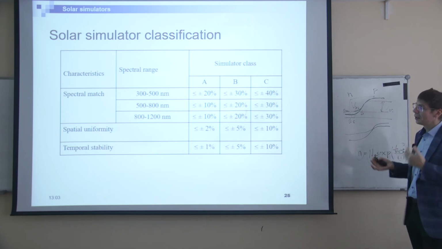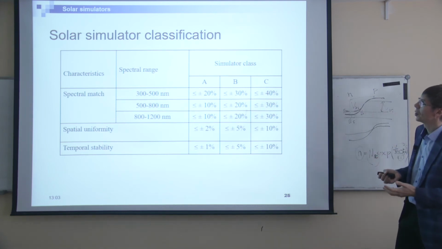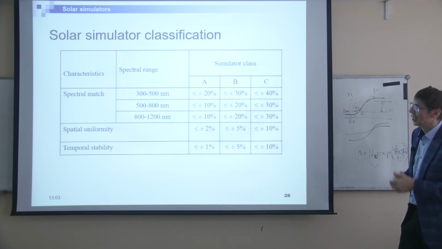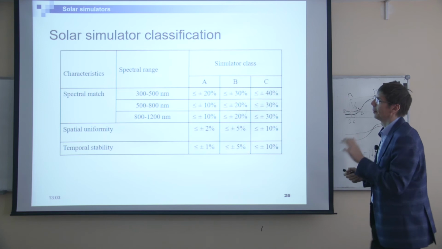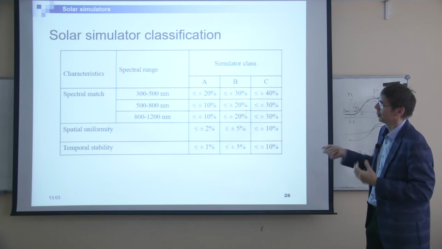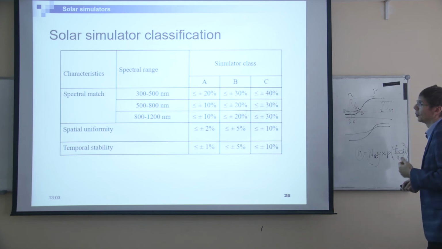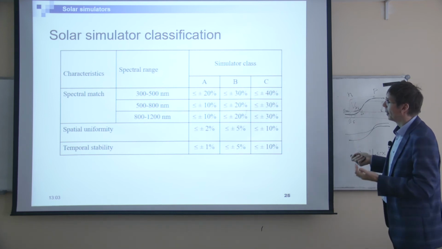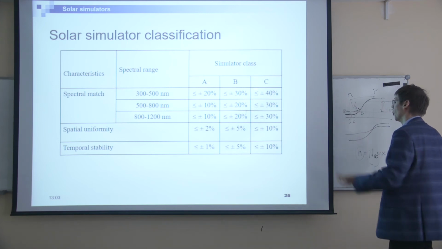If you look at different solar simulators, you can find that there is some kind of classification of the solar simulator using the letters A, B, C, for 3 main parameters which are required: the spectral match, spatial uniformity, and temporal stability. You can find different classes of simulator.